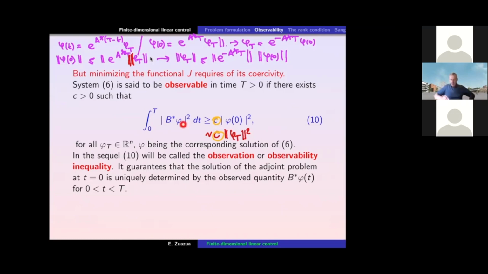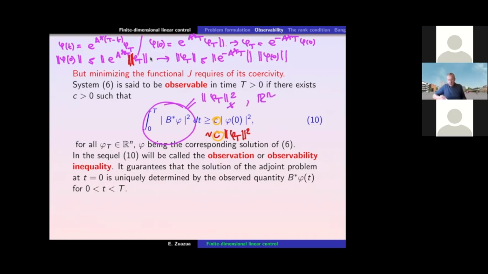Why am I talking about communication or observation? Well, because you see, we are in the finite-dimensional space. So all this is just a kind of strange seminorm, right, that I could denote by some, say, asterisk in the space Rn.